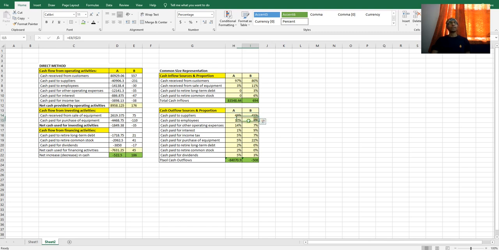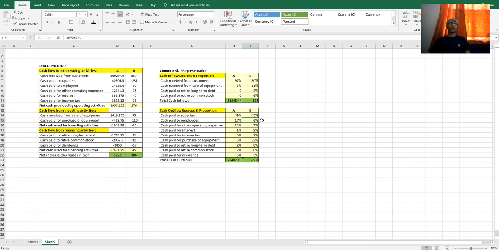Cash paid to employees, 17% and 6%. This means B, in terms of its employee expenses or number of employees, whichever may be the case, is quite tight in that respect. Other operating expenses, miscellaneous expenses 14%, 7%. So there also, B has been quite judicious.